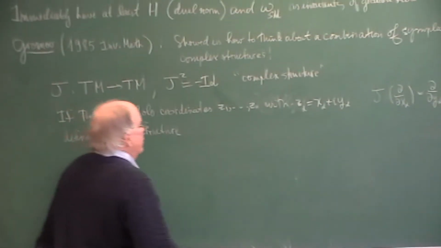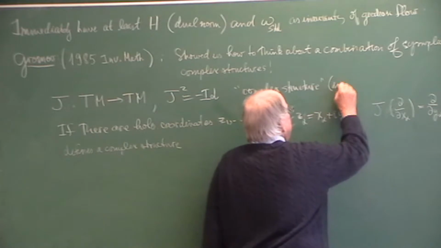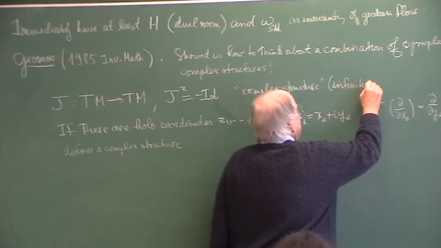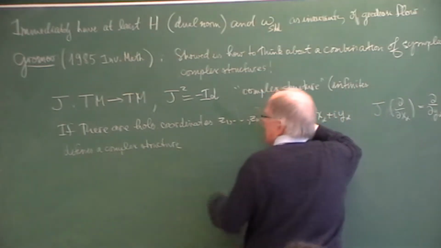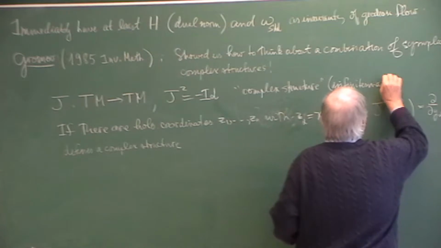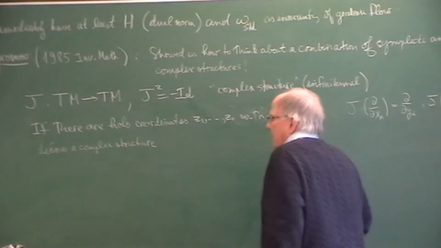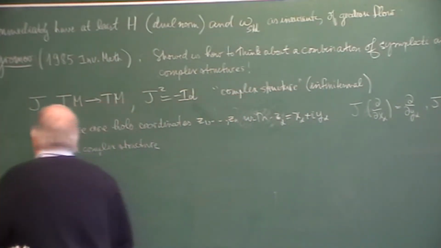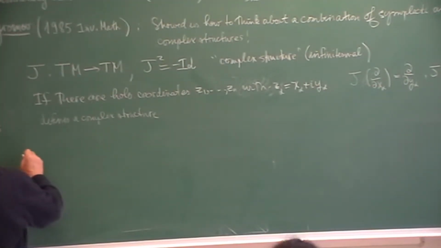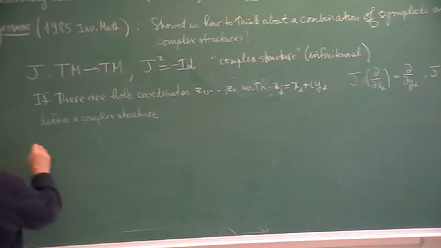Let's call this thing up here infinitesimal. So at the infinitesimal level, and really at the tangent space level, this thing is a complex manifold. So the space, so here, okay, good.